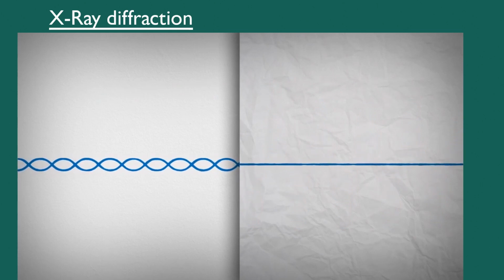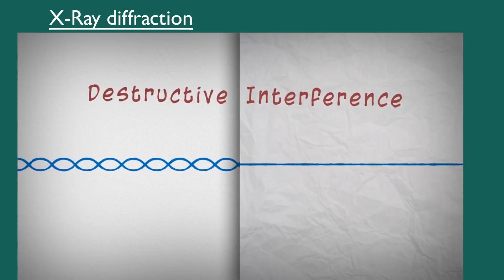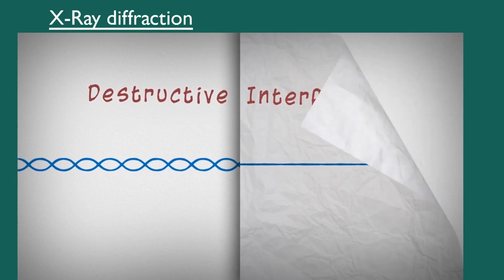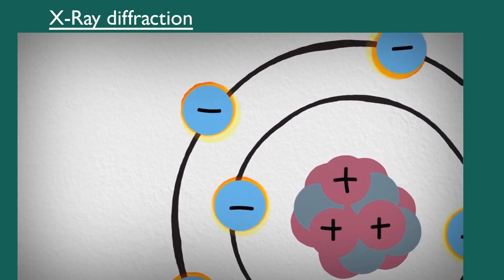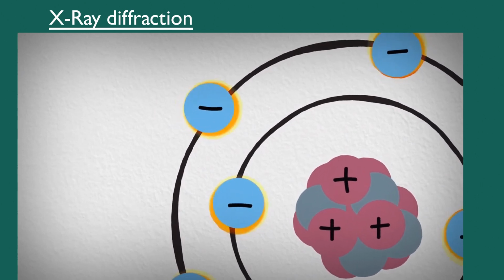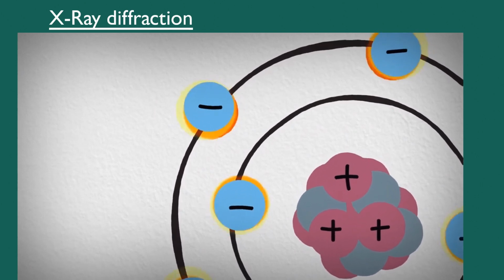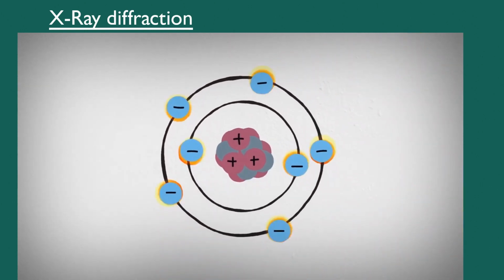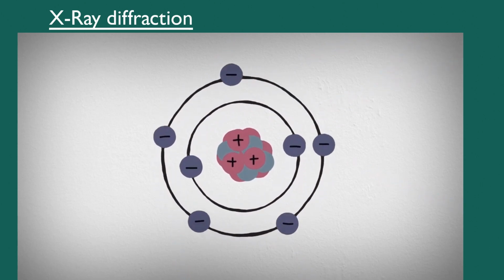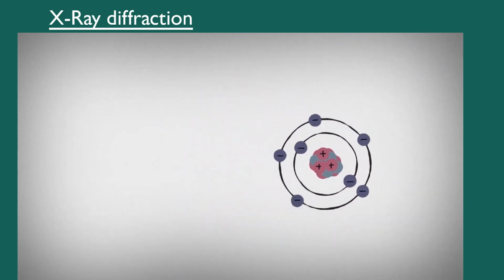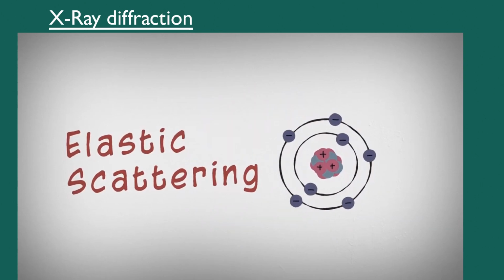If the waves are in opposite directions, they are destroyed. This is called destructive interference. And here, if the atom absorbs energy, the electron is not stable until it releases this energy again. So here we can call it elastic scattering.